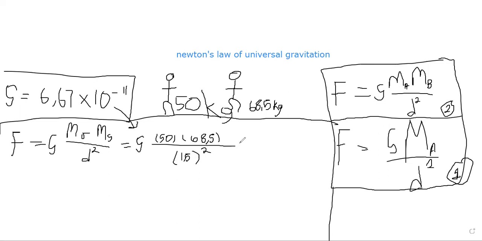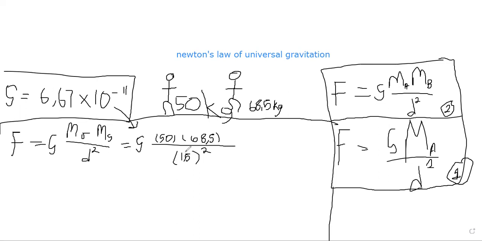Yes, sir. So put this into your calculator: 6.67 times 10 to the exponent negative 11, times 50, times 68.5, divided by 1.5, the whole thing squared.